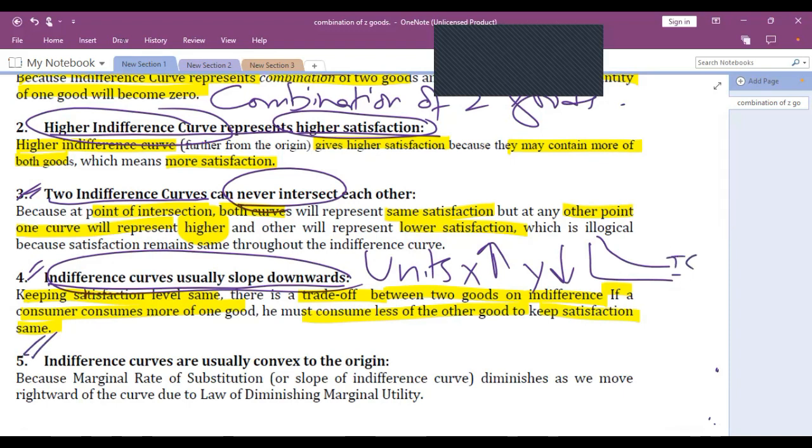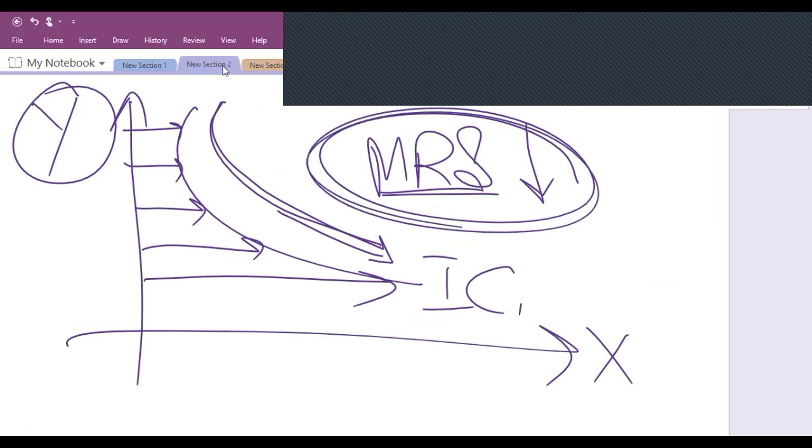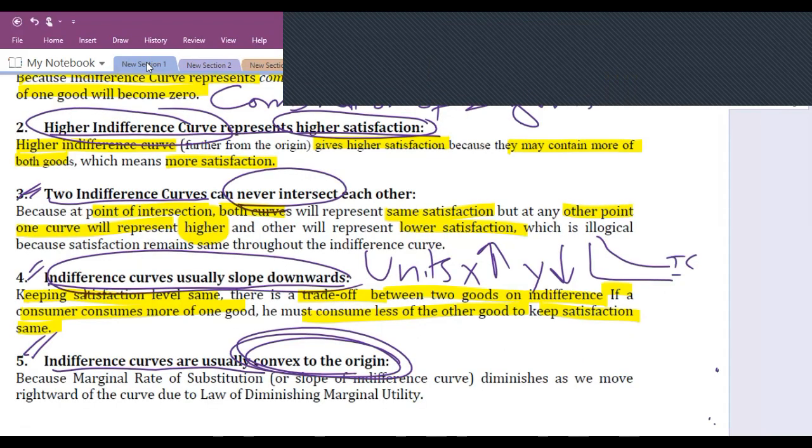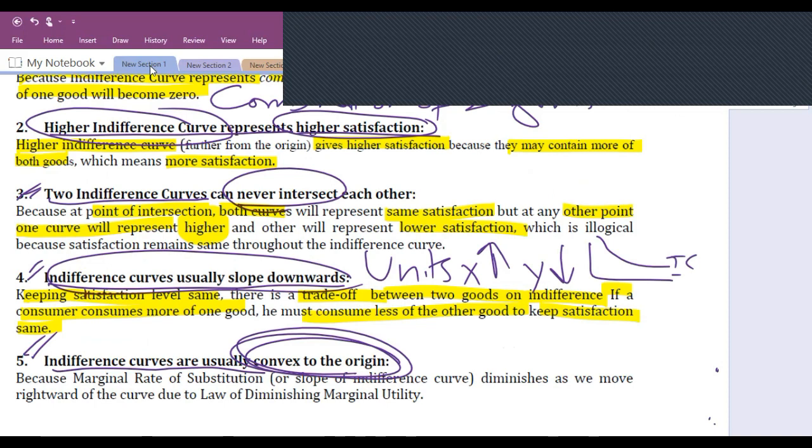Next, the fifth and last characteristic is that the indifference curve is usually convex to the origin. The reason is the same. The marginal rate of substitution decreases at each point. So, that is the reason why it is convex to the origin.